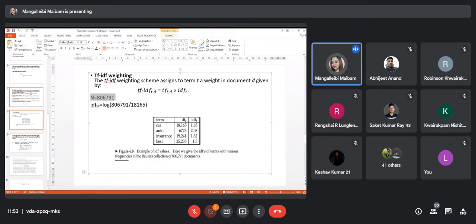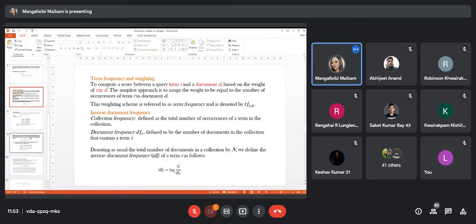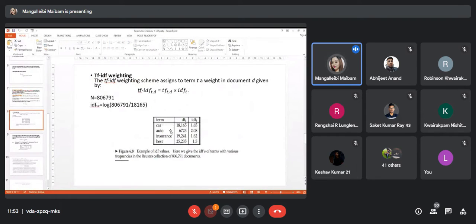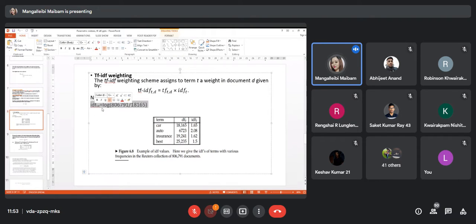Then using the formula given here for IDF_t, we are going to find the TF-IDF rating. So initially, in order to find the TF-IDF rating, we have to find the IDF values for the corresponding terms: for car, for auto, for insurance, for best. An example is given here for finding the IDF value for car.